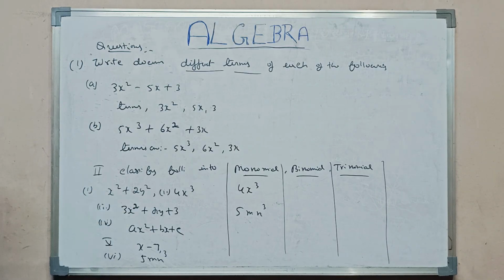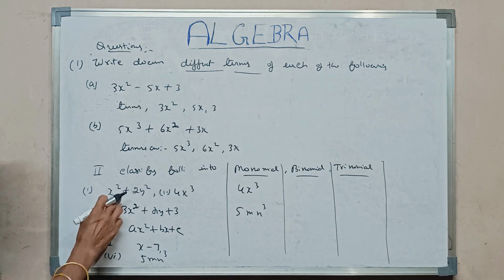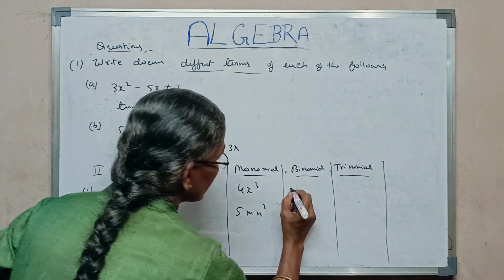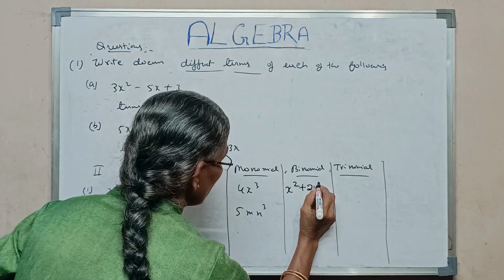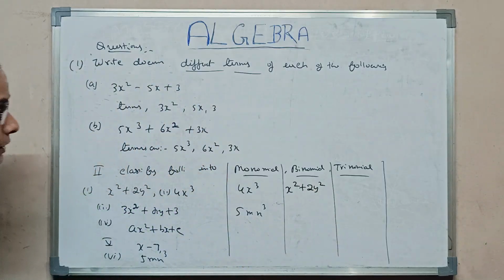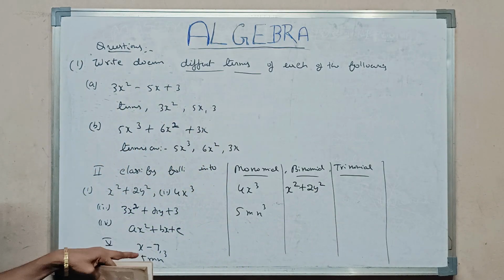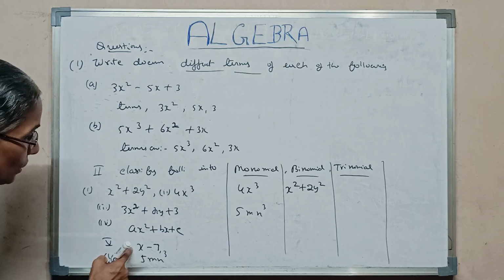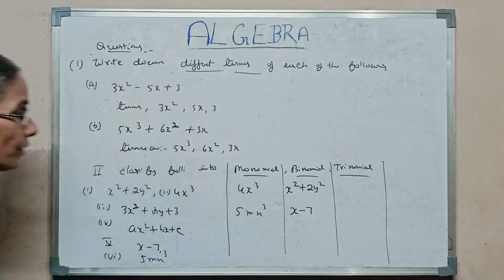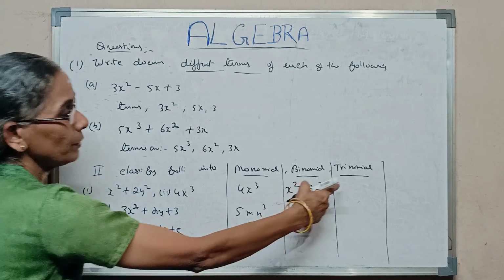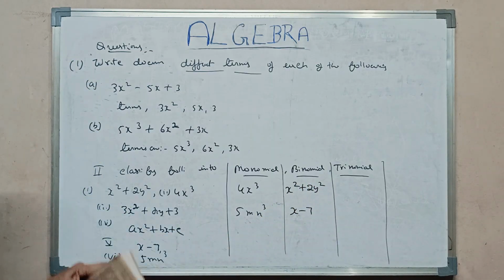Here two terms are there, therefore this is binomial. Next, x minus 7. Here also two terms.